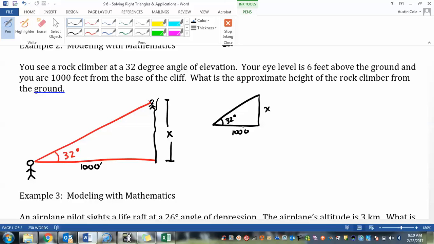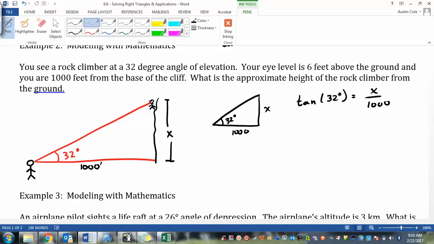Opposite and adjacent. Eric, is that sine, cosine, or tangent? Tangent. It is tangent. So the tangent of 32 degrees equals the opposite, which is x over 1,000.